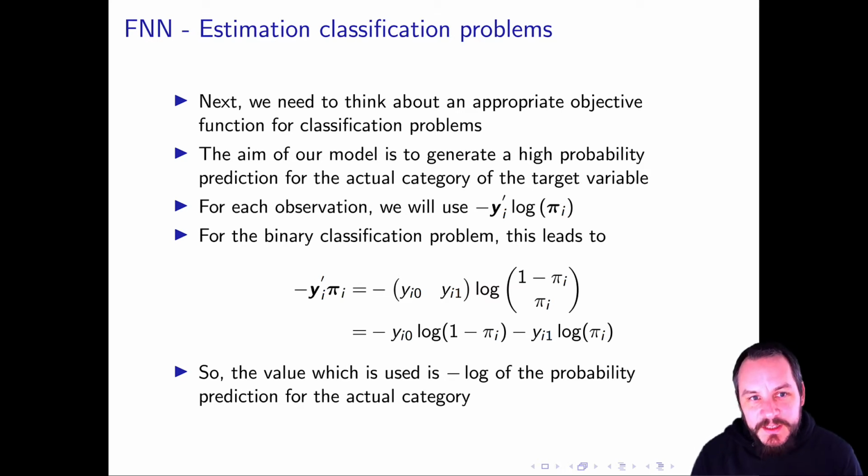And this now brings us to the question, what loss function should we use for classification problems? And as for the regression type problem, there may be different choices. You know, for the regression type problem, we are not bound to using the square deviations.